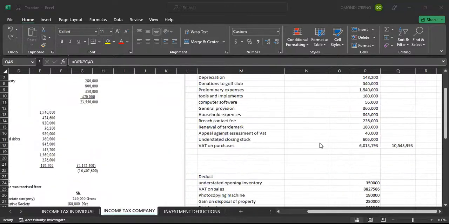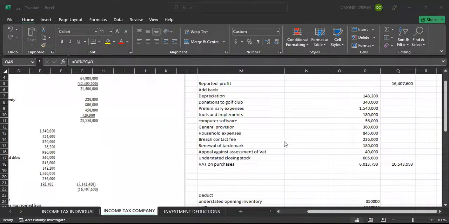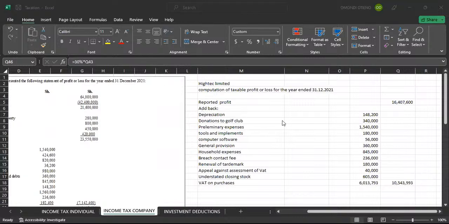Then let's look at the postings which were required. Here, we've done 1, 2, 3, 4, 5, 6, 7, 8, 9, 10, 11, 12, 13. Even if you do not know anything about deductions and you record the value up here, the ones you're supposed to add back, you will still get your marks.